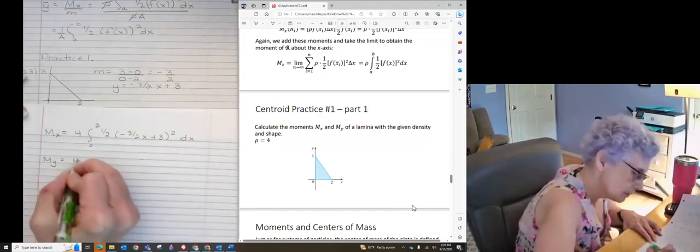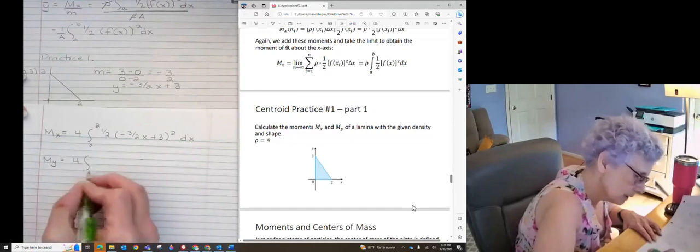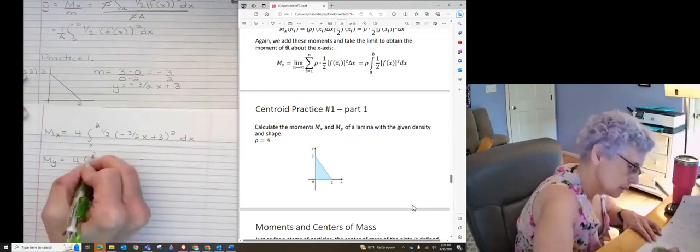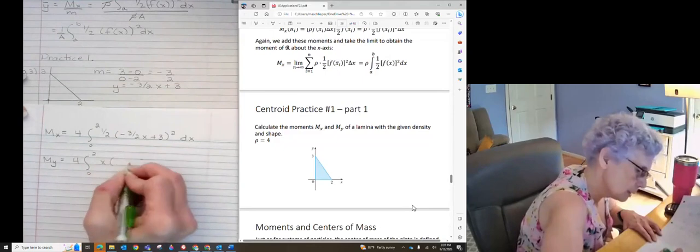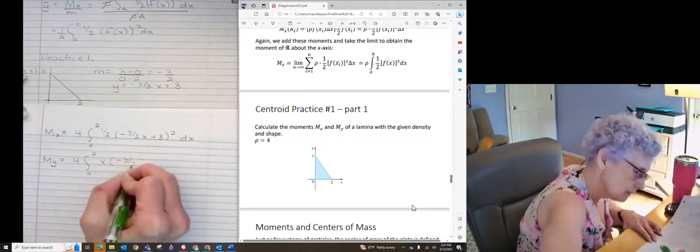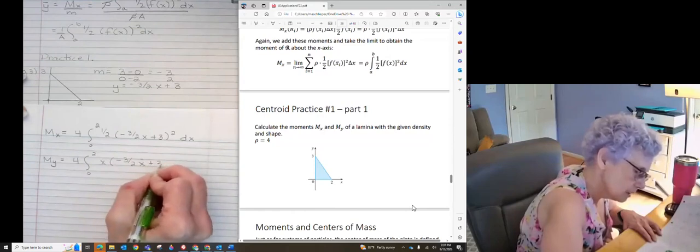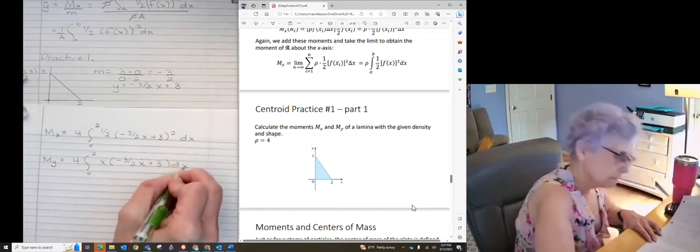M sub y is equal to rho, the density of the plate, integral from 0 to 2, x times negative 3/2 x plus 3 dx.